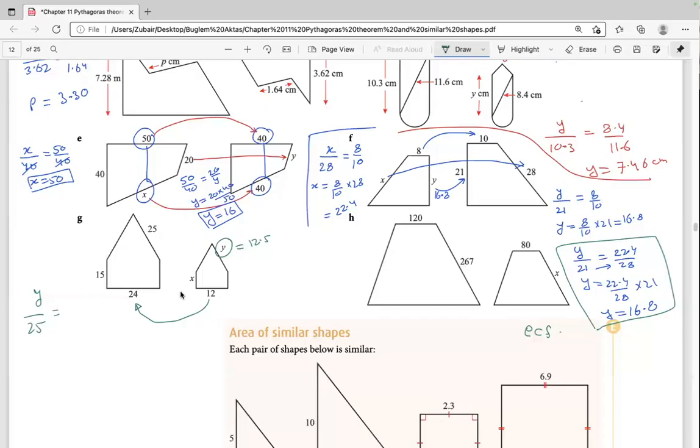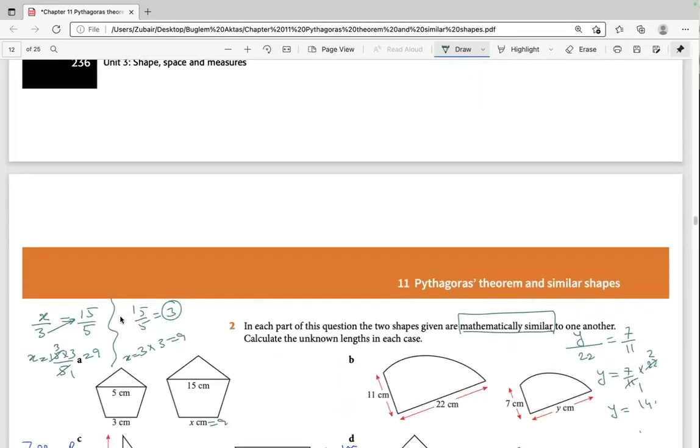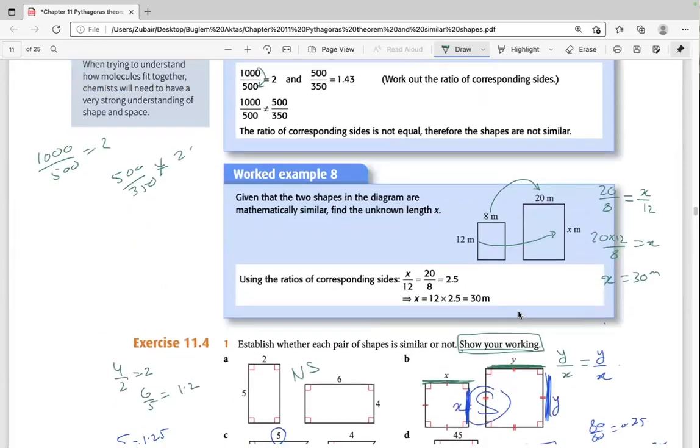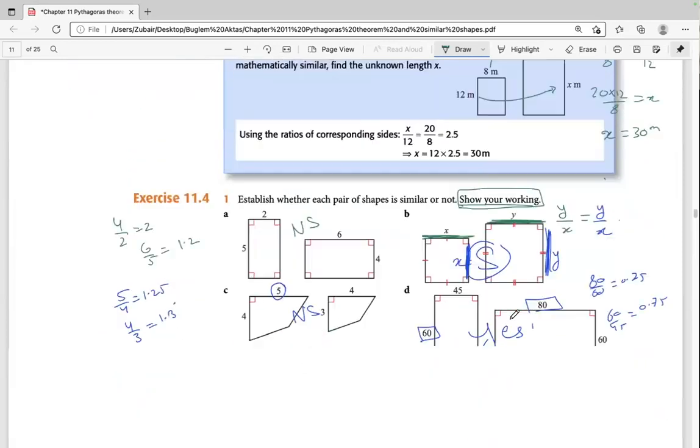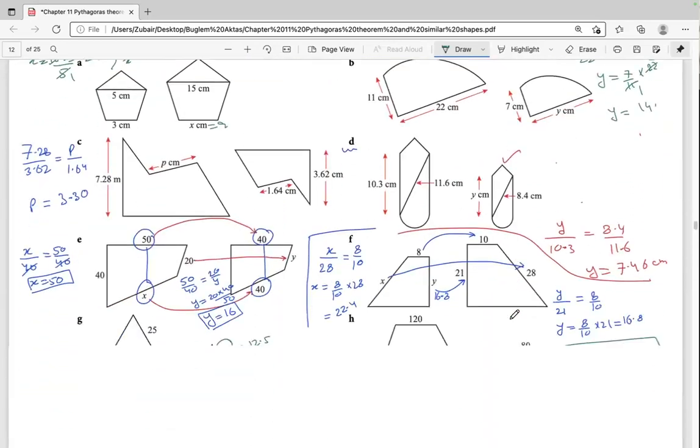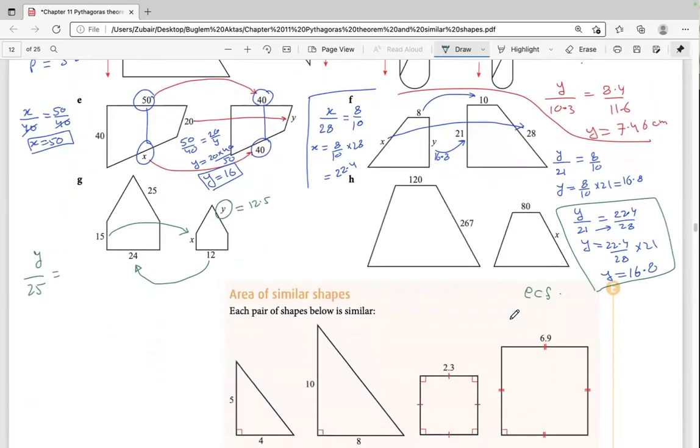Whenever the question is easy, it is very tempting to avoid the working. I can guess what x is, but I do have to write it in order to fulfill the demand of the question. It says show your working, so you have marks for them.